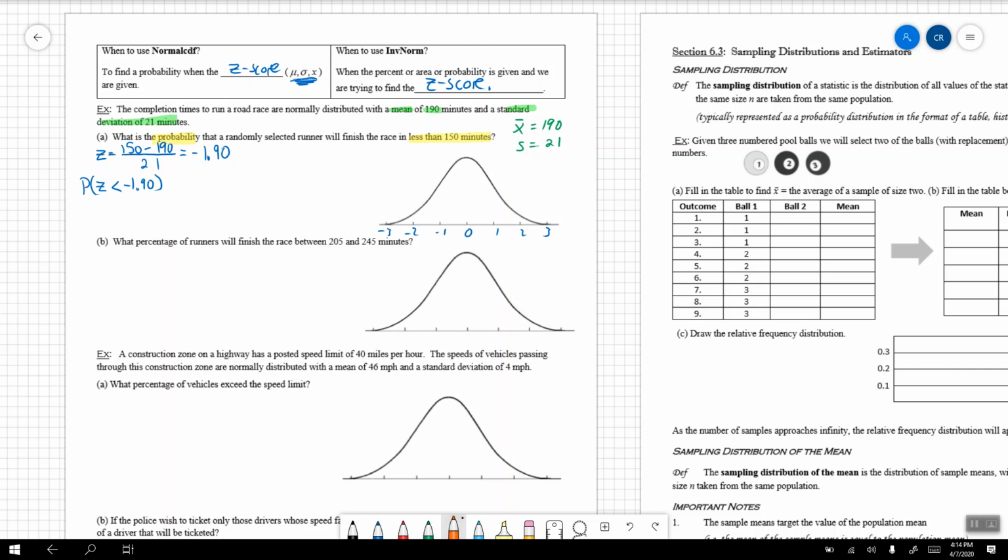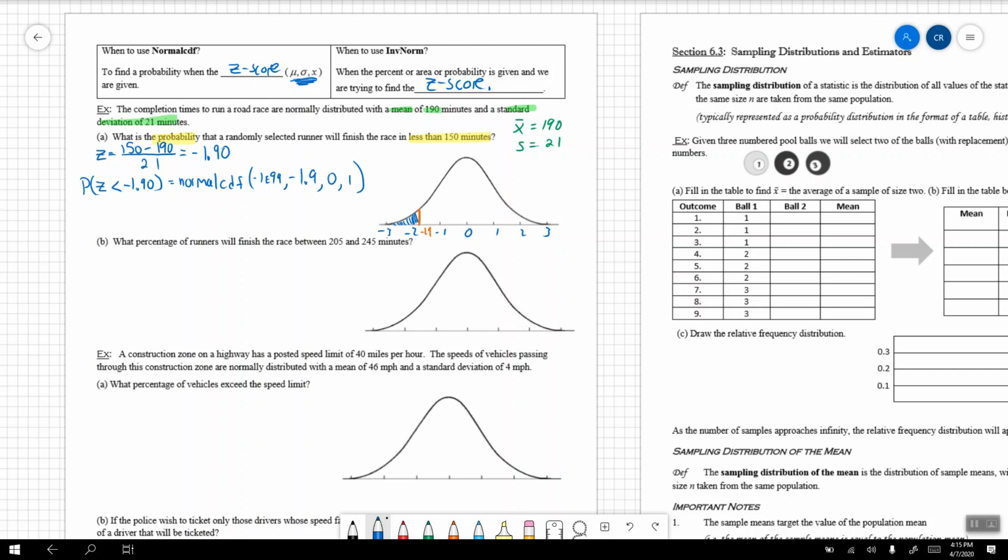So that z-score, negative 1.9, is somewhere here, and I want everything to the left, which means I'm going to need a normal CDF. Left tail, that means negative 1E99. Stopping point is at negative 1.9. Mean and standard deviation, I standardized this, so I'm using 0 and 1.